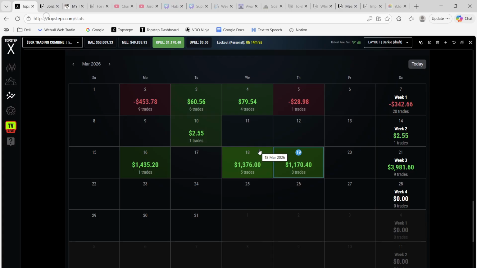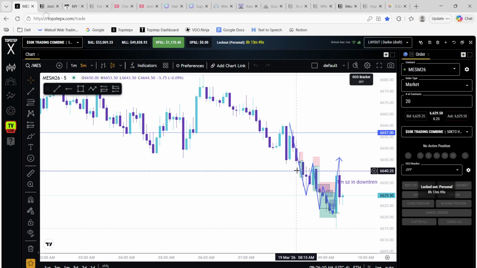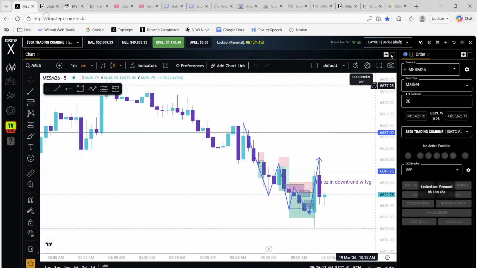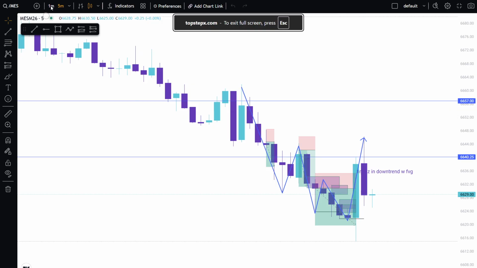And then I just went short. I shorted supply and I made 1,500 because I sized up. So 3.9k on the week, that's pretty dang good. This has got me very, very excited to get into XFA and trade.